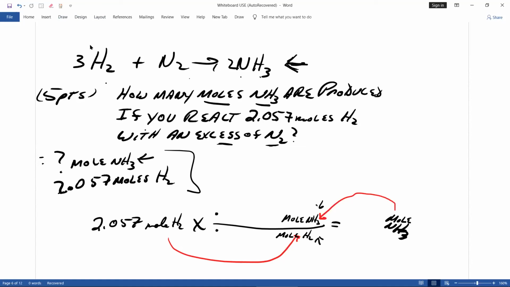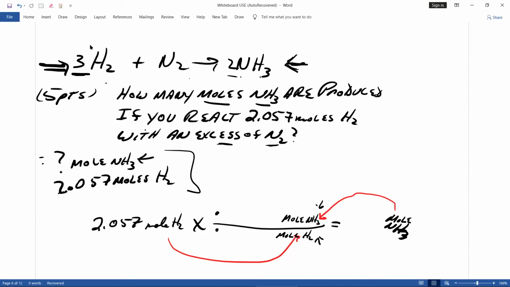Now, where do you get those numbers? Hint, I'll let you try right here. What do you fill in there? Time's up. You look at the balanced chemical equation.